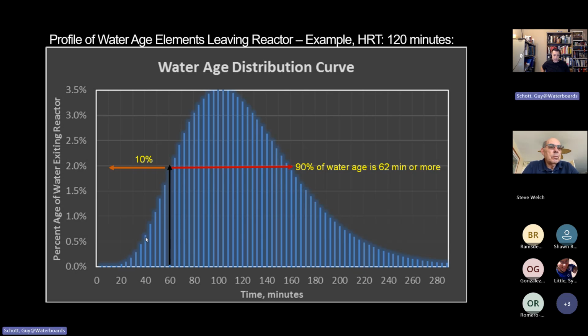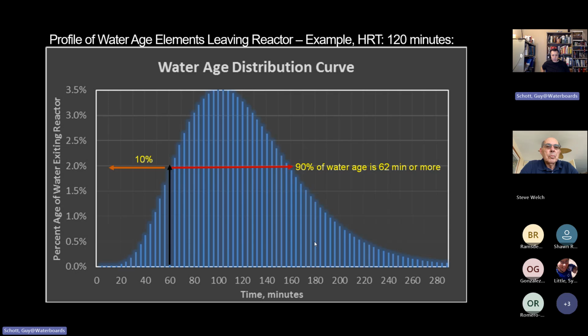As you add these up, for this graph, we get 10% at 62 minutes. So 10% of the water that exits the reactor has a water age of 62 minutes or less. The rest, 90% of the water, has a water age from 62 minutes all the way up to 280 minutes.